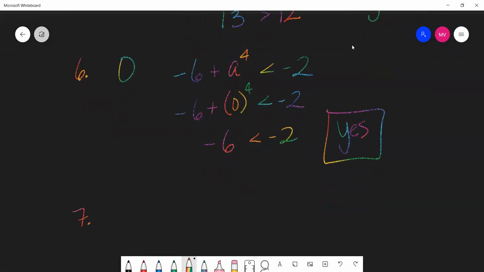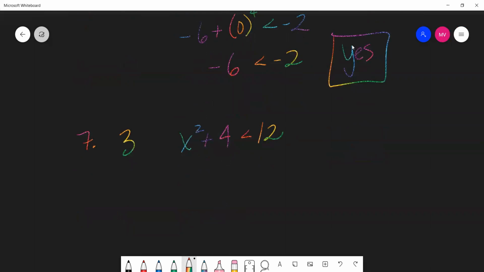Okay, number 7. Is 3 a solution for x squared plus 4 is less than 12? What's 3 squared plus 4, which is the same solution as -3 squared because you're squaring it.